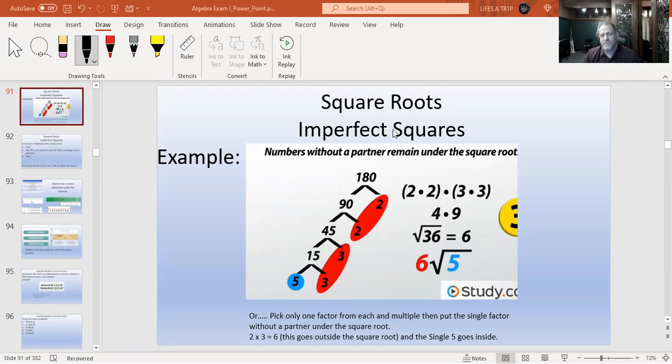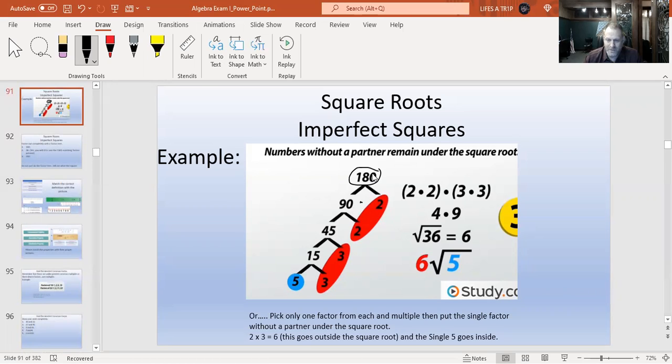Imperfect square roots. So what is the imperfect square root of 180? Let's find out. We need to break these down starting with the lowest possible number that you can, which is a 2 and a 90. So 90 times 2 is 180.